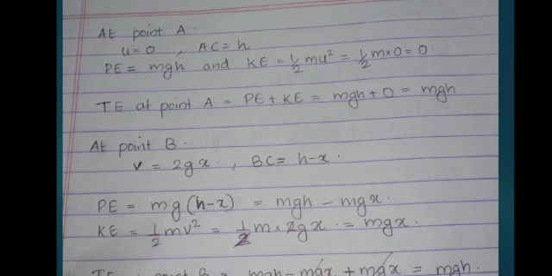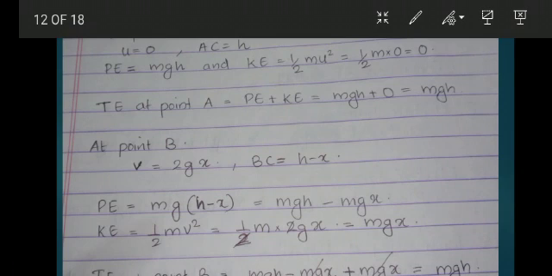So now potential energy is equal to what is the equation? mgh. Since the mass of the stone is m, acceleration due to gravity is g, and the height is h, we can directly write the potential energy of the stone at A is equal to mgh.